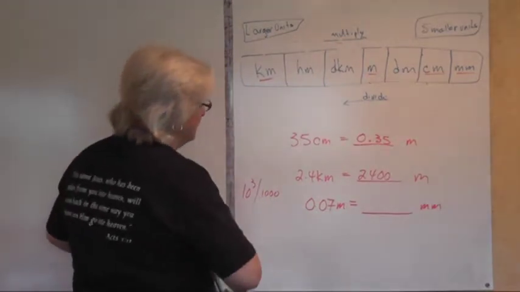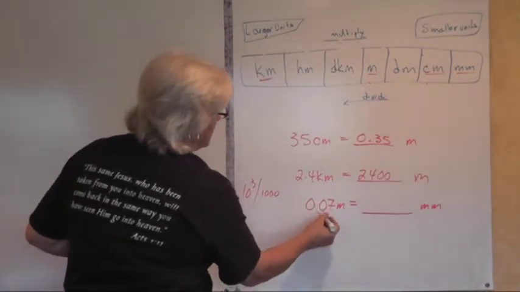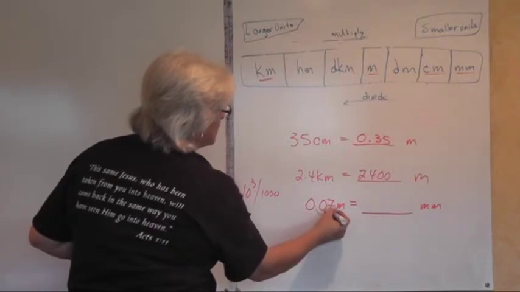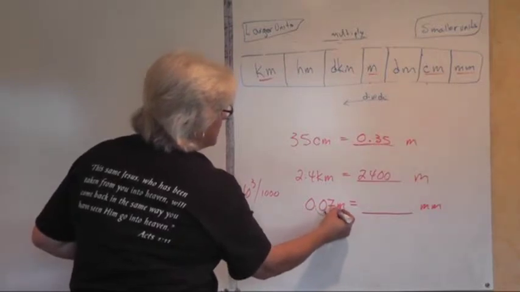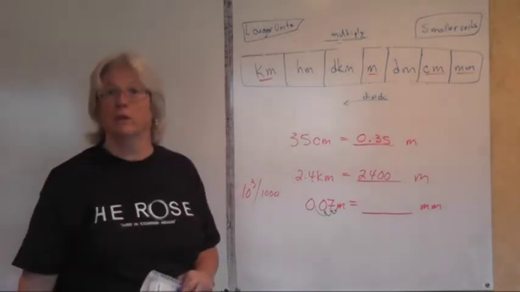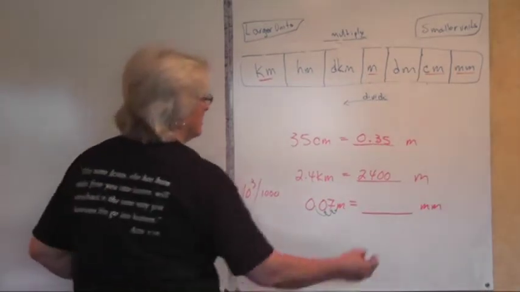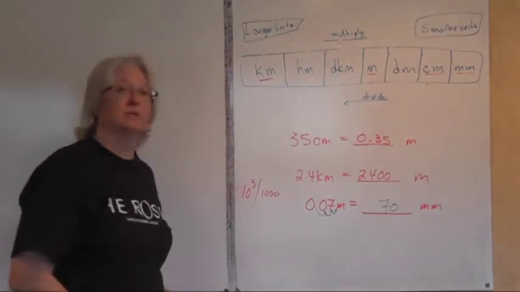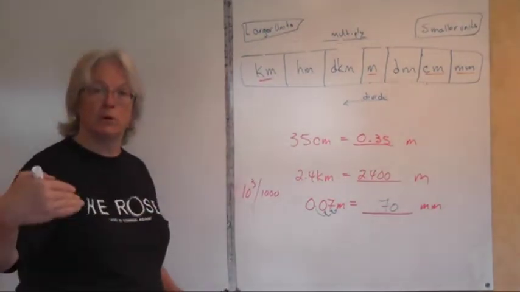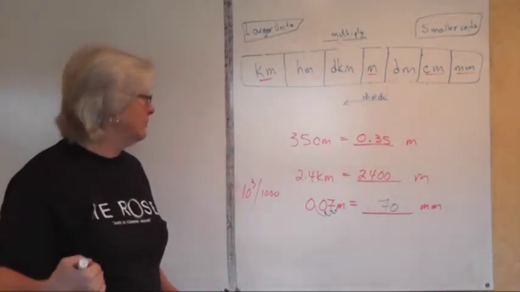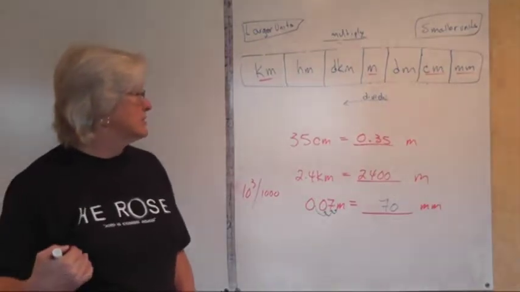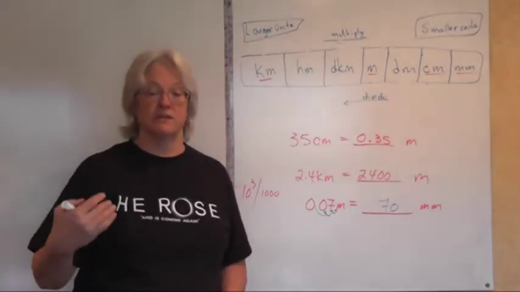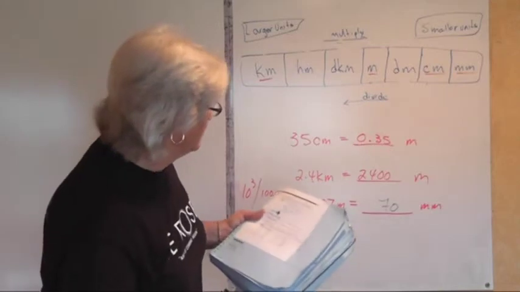We need to put a 0 there to indicate that we've moved that decimal point over, to indicate that we multiplied by 1,000. So 0.07 meters is 70 millimeters.